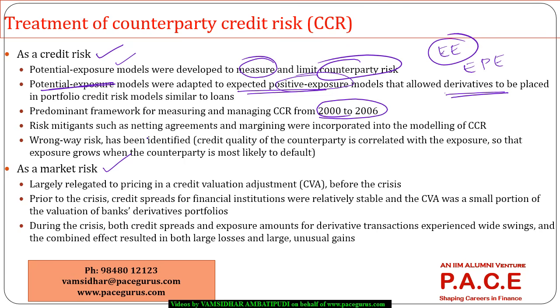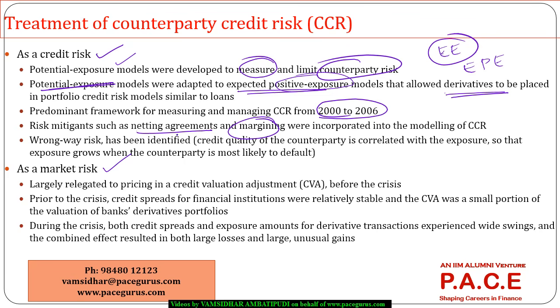And during this process, almost everything to measure counterparty credit risk, almost all the things which reduce the credit risk, credit enhancements like netting and margining, were taken into consideration while computing counterparty credit risk when you are treating counterparty credit risk as a part of the credit risk.